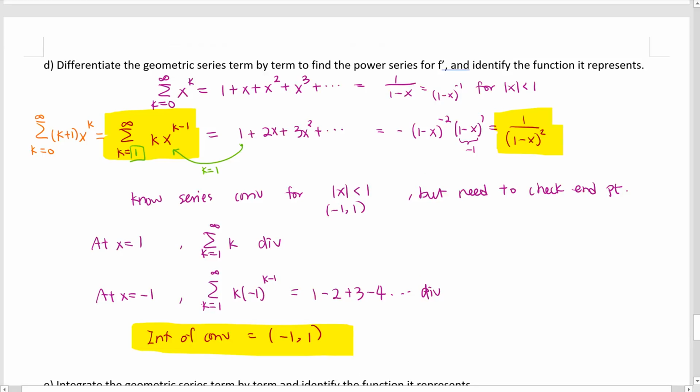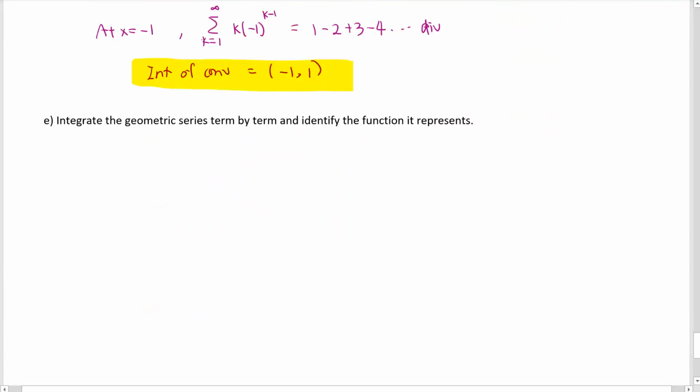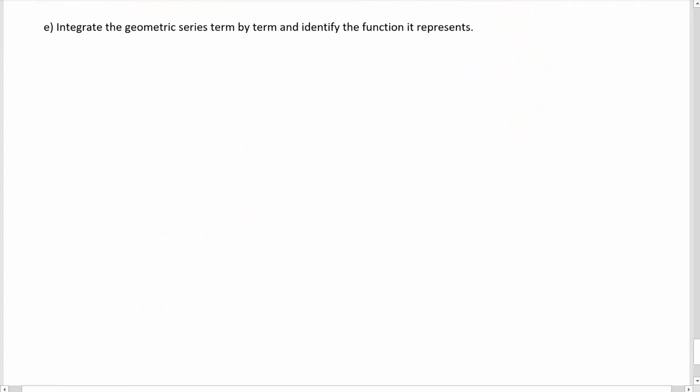Okay, let's continue. Part E. Integrate the geometric series term by term and identify the function it represents. Let's write it one more time here. The sum from k equals 0 to infinity of x to the k is 1 plus x plus x squared plus dot dot dot, which equals 1 over 1 minus x for absolute value of x less than 1.